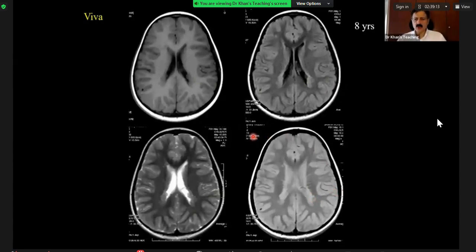The concept of heterotopia is that in a developing fetus, the gray matter, the cortical cells, they arise or they develop from the periventricular germinal matrix, and from there they migrate outwards. We will see more cases of it when we do congenital.